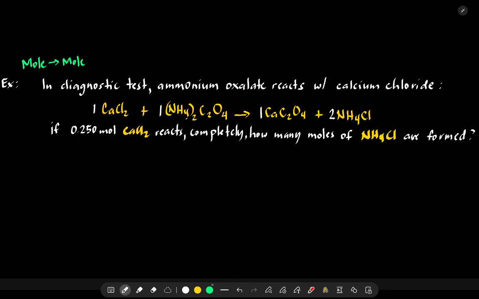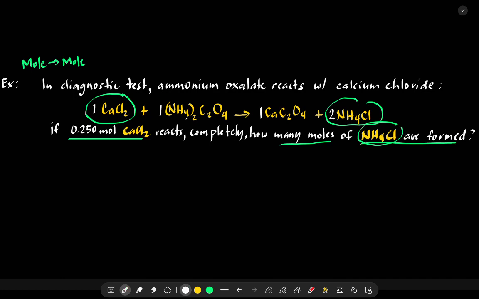Okay, sige, ilagyan natin ng marking yung involved lang. Bilugan ko yung involved. Si calcium chloride at saka si ammonium chloride. Huwag na po natin papakialaman yung iba, kung sino lang po yung nabanggit sa problem. So, I will underline the given, 0.250 mole of CaCl2. And ang tanong is, how many moles daw nitong NH4Cl ang mapuporm?